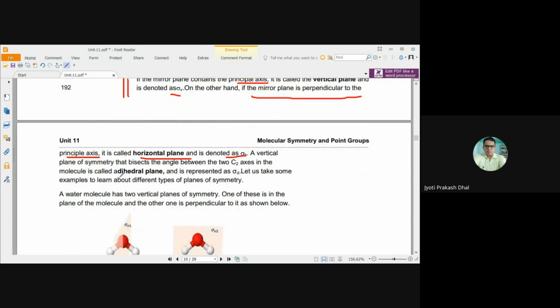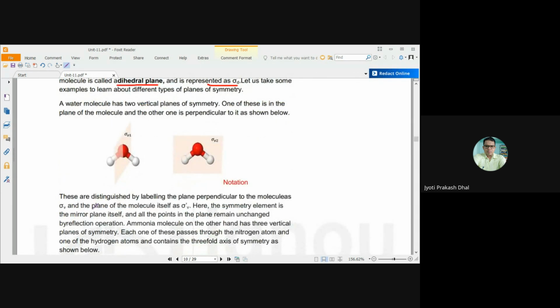A vertical plane of symmetry that bisects the angle between two C2 axes in the molecule is called a dihedral plane, represented as sigma d. Now let us take some examples and learn about sigma v, sigma h and sigma d. First we will discuss sigma v.